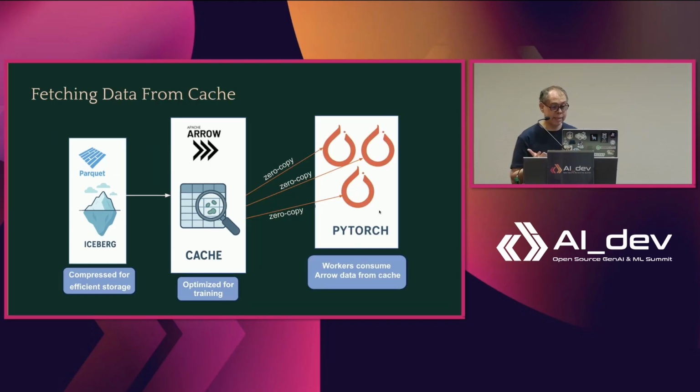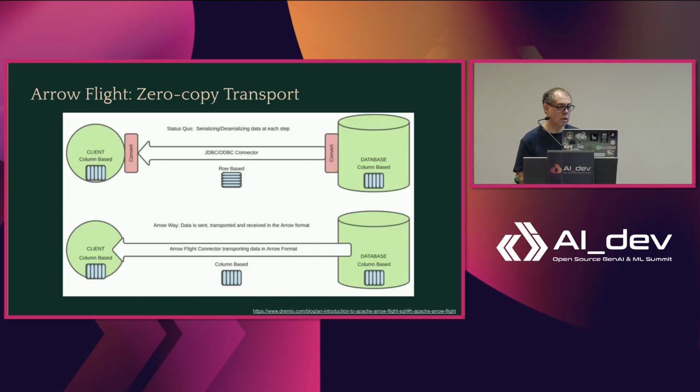Once that cache is loaded, we have the Apache Arrow Flight mechanism to do zero copy when you do your training job. Here we have an example with PyTorch reading the data from the cache directly using zero copy. A little bit more about how Arrow Flight works and the zero copy transport.